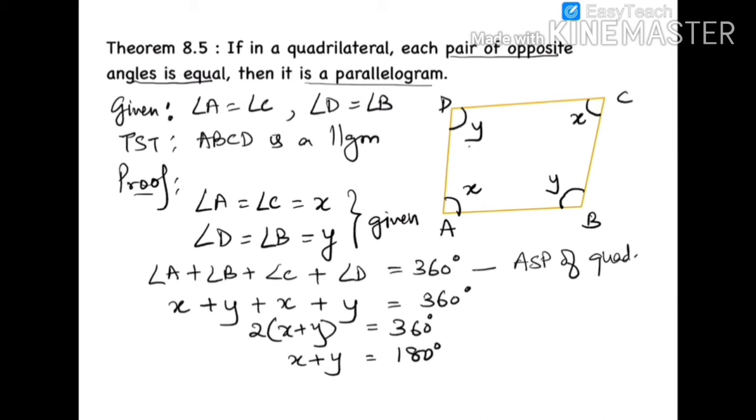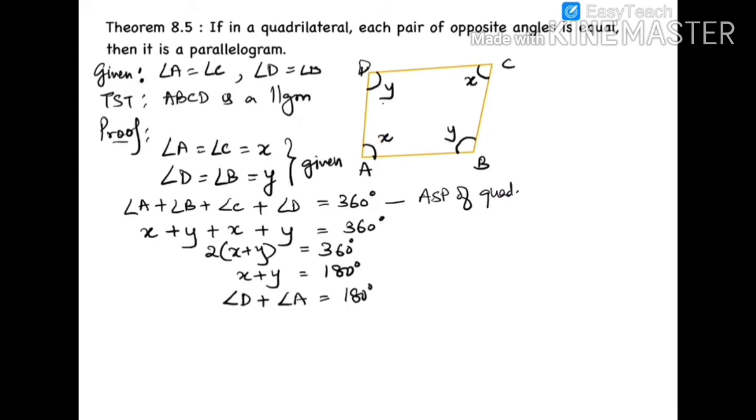But from the figure we can replace angle y as D and angle x as A. So we get angle D plus angle A equal to 180 degrees. These angles are made on the same side of this line DA and between the lines DC and AB.